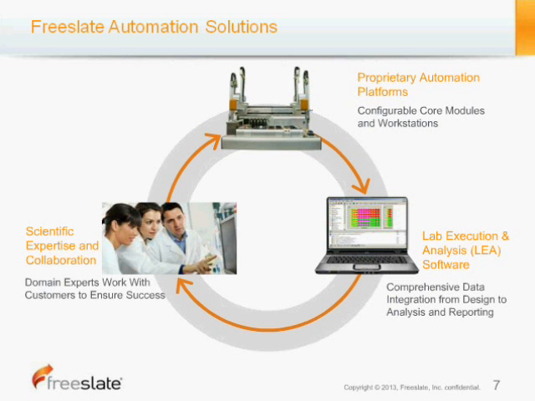In the next part of this circle, we have the LEA software, the lab execution and analysis software, which drives our whole ability to perform automation. It allows us to do our experimental design. It allows us to run the automation systems as well as third-party analytics. And it allows us to analyze and report the data rapidly. In addition, we also use our scientific expertise, collaboration and innovation to work with customers and potential customers to create systems and also to work with them on the current systems they have to get the most out of the system.